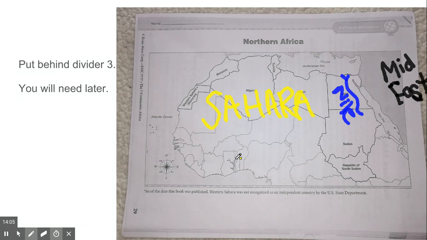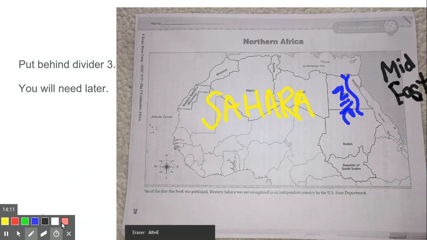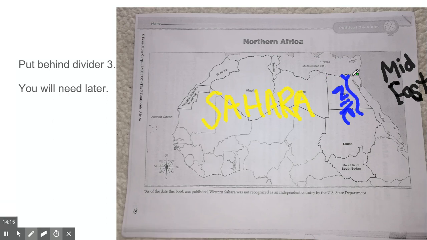And I was going to try to write the Suez Canal right here, but I think I'm just going to do that in green. And it was right there. And if you want to write Suez, I'm not going to try to write it over there with all that I already have, but it's spelled like this.